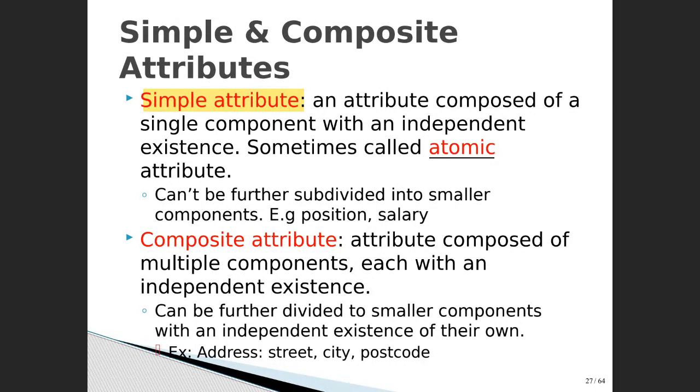Number one, simple: a single component that has independent existence. Number two, composite. What does it mean? Multiple components, the opposite. Simple has one component, while composite has more than one component. For example, address will include road number, city, postcode. So this is a composite.